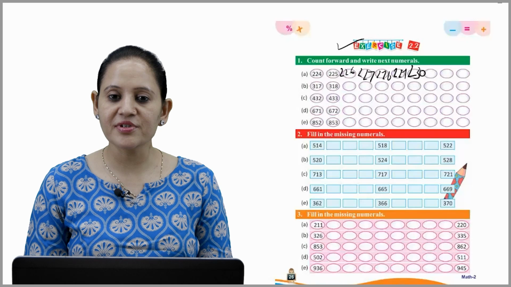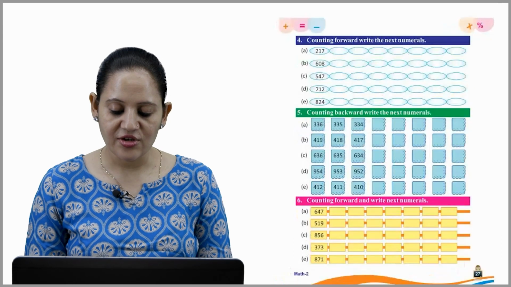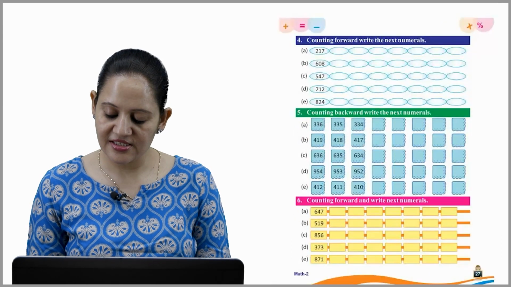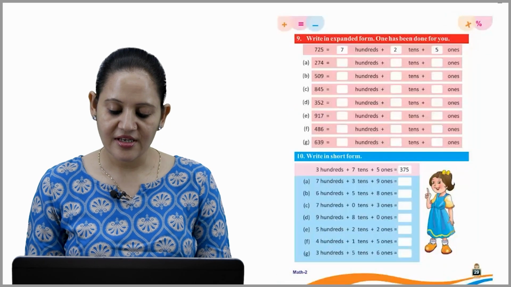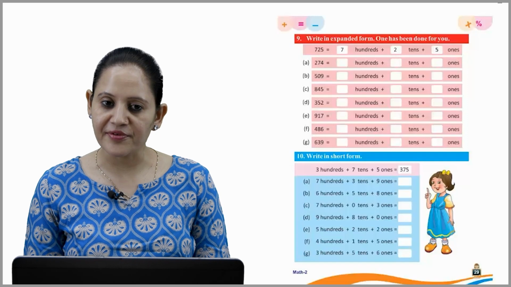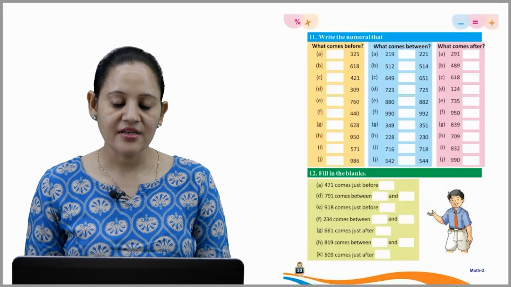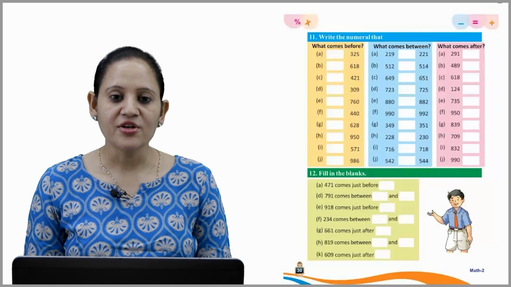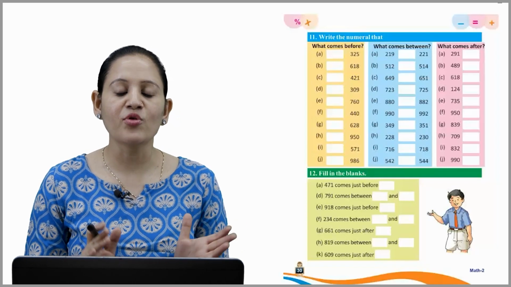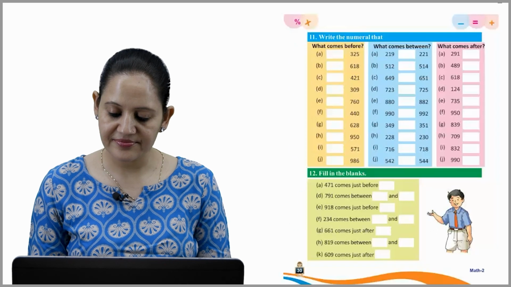So practice all the questions of this exercise. Some more questions are given here. You need to practice all the questions. Clear? Here some more questions are given. The more you practice, the more you will understand the concept.